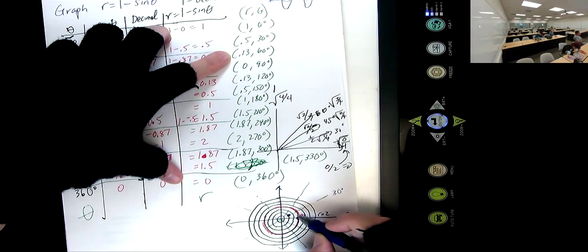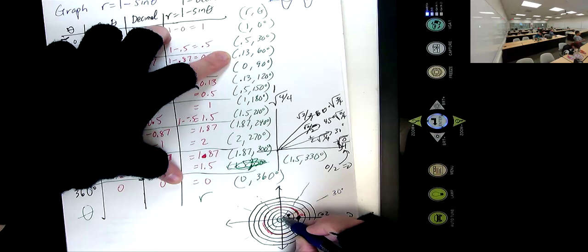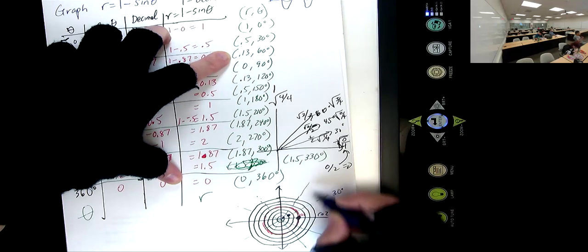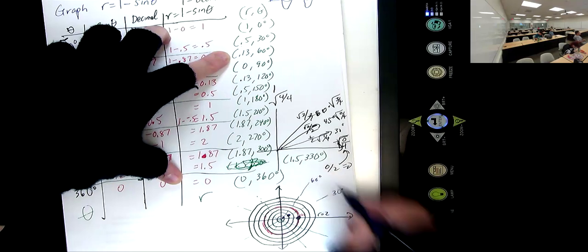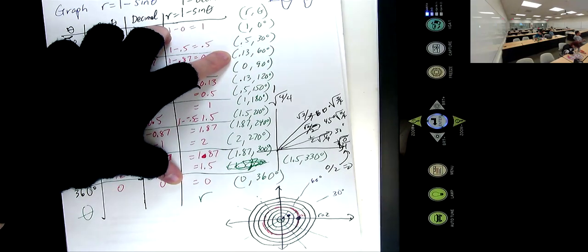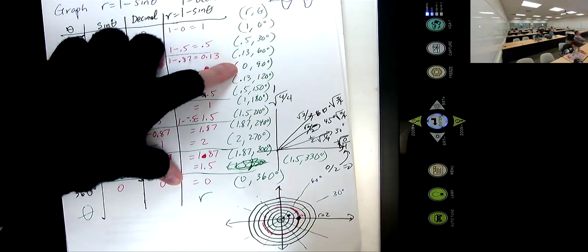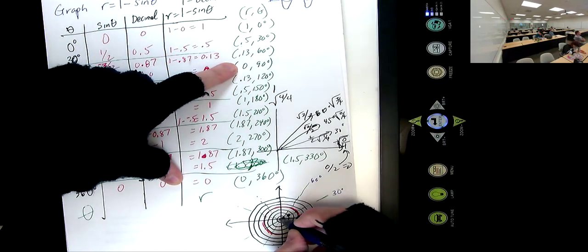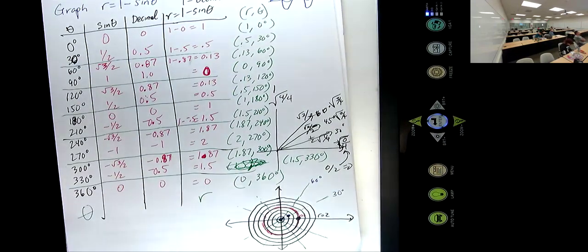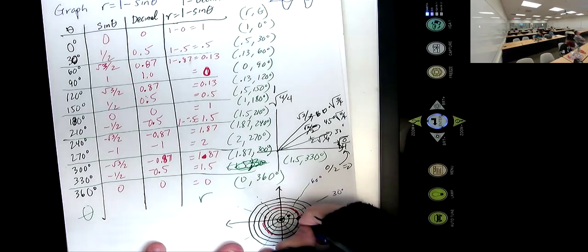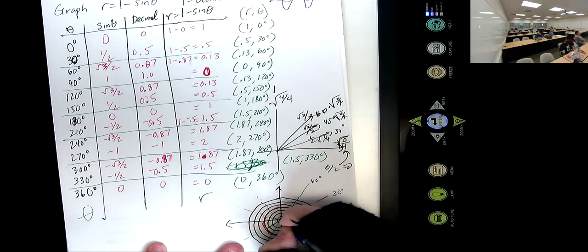My 60-degree mark has gotta be really close to 0, about halfway between 0 and 0.25. That's my 60-degree. Then I've got 0, no radius at the 90-degree mark, I'm back at the center. So if I were to draw what's happened so far, it's doing something like this.